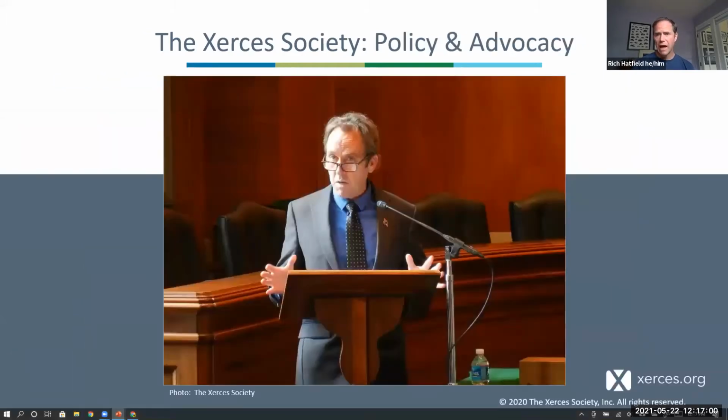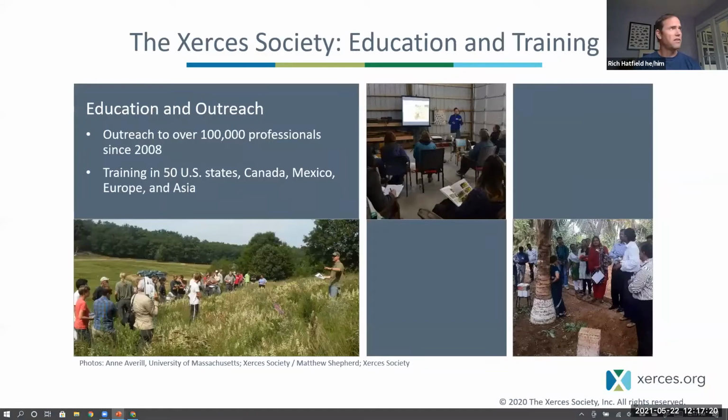And then we also do advocacy. Sometimes this means standing in front of state legislatures or even in Washington, D.C., advocating for new policies to protect invertebrates, whether on the pesticide front or for endangered species. And then we do a lot of education and training. Since 2008, we've reached over 100,000 professionals, and we've done trainings in all 50 US states, as well as in Canada, Mexico, Europe, and Asia.